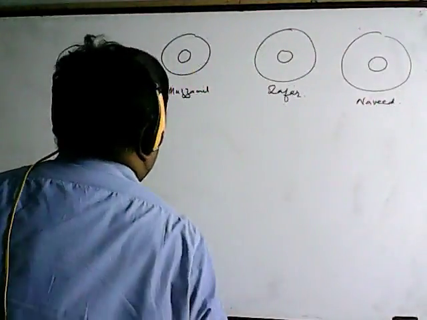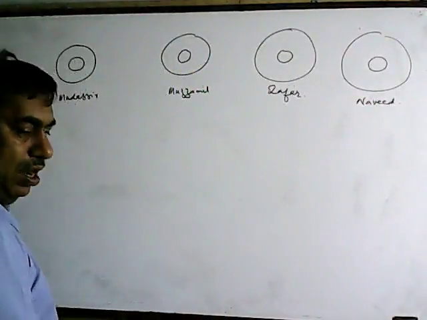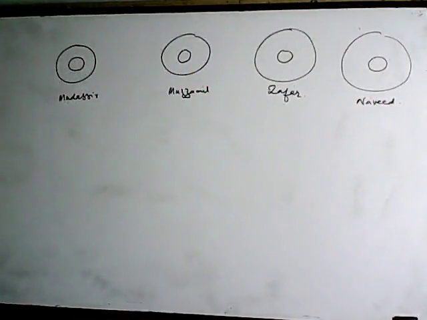Mudassir, Muzammil, Zafar and Naveed are asked to hit these targets.